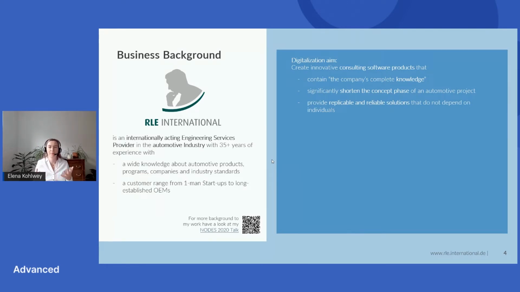And we want to obtain that by taking this knowledge that we have in the company from projects like this before and putting that into a graph application where the complete knowledge is available and which can then be queried for new customers to get insights into what they could do, which decisions are reasonable or which aren't, and which are the impacts of their decisions.